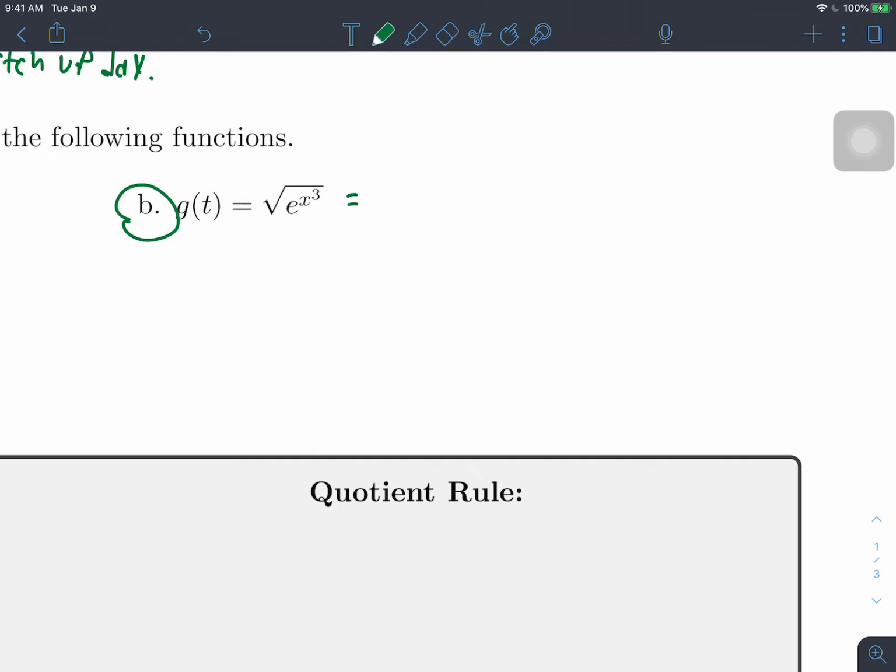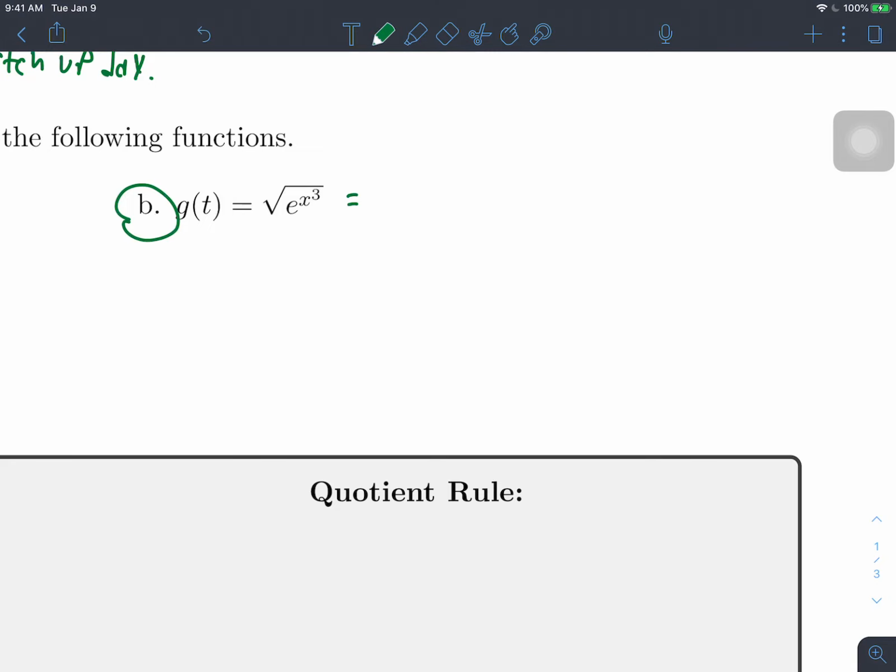The innermost function being x cubed, which is being plugged in for z in the function e to the z, which is being plugged in for y in the function square root of y. So three layers of functions, two total compositions. We're going to have to use the chain rule twice to do this derivative.